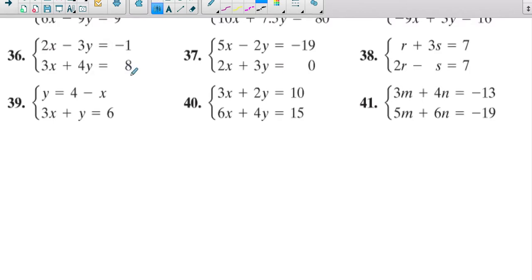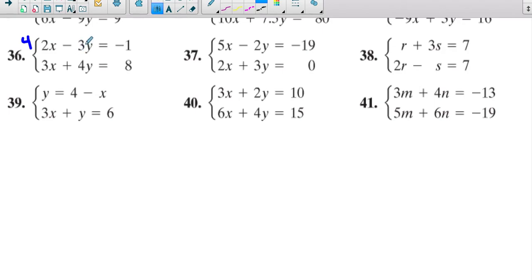Right. So although there's nothing that I can just eliminate right away, I can multiply the first equation by a value and the second equation by a value. Since the y terms are already opposite signs, I'm going to take the coefficient of the y and multiply that first equation by that value, which is 4.